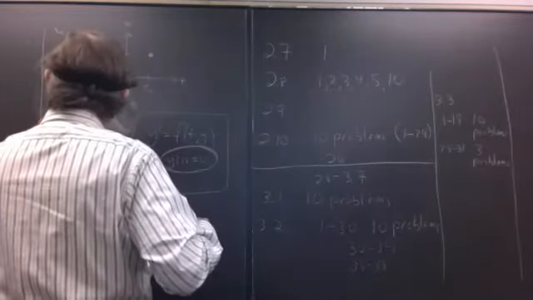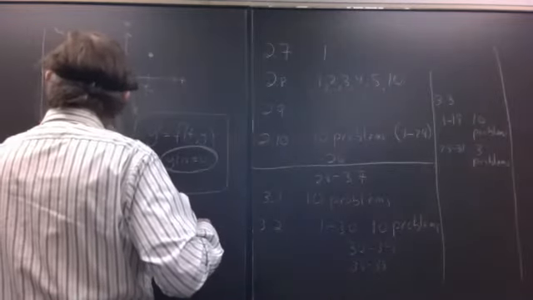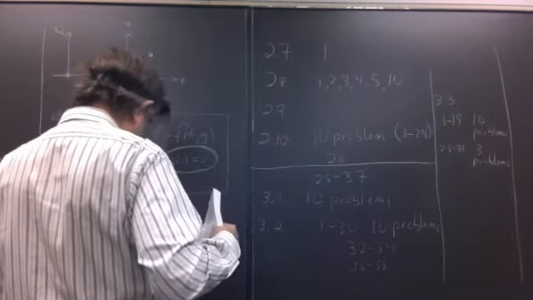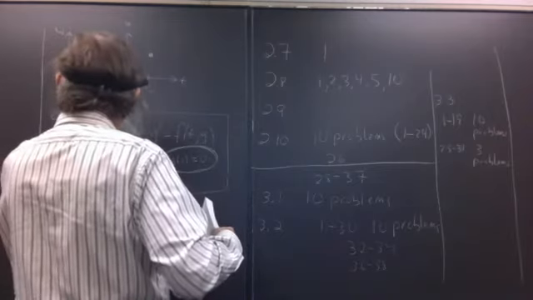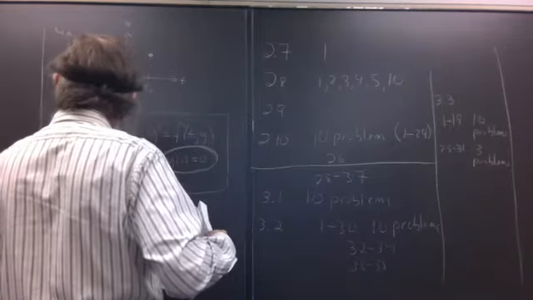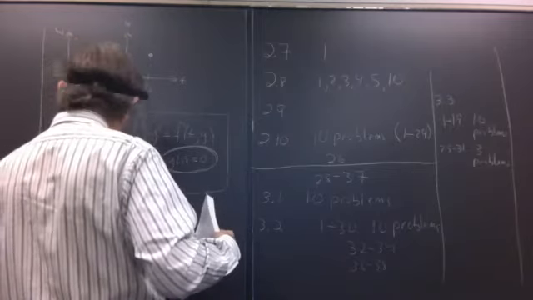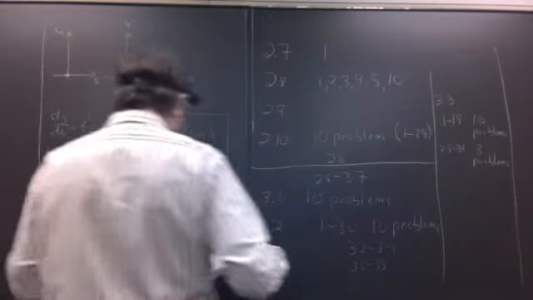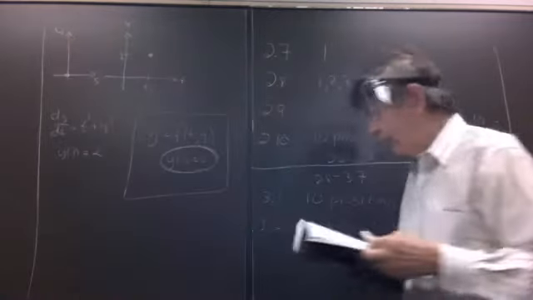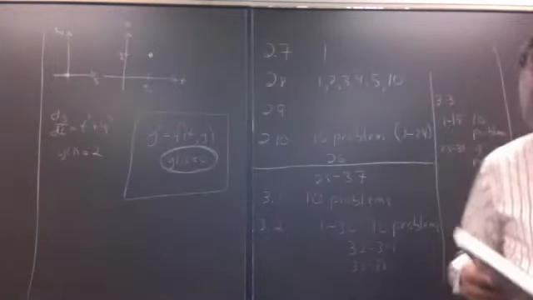He says dy/dt is t squared plus y squared, and y of 1 is 2. For those of you who have your books open, it's page 90.